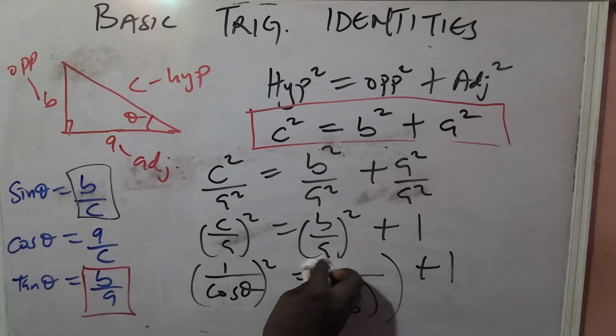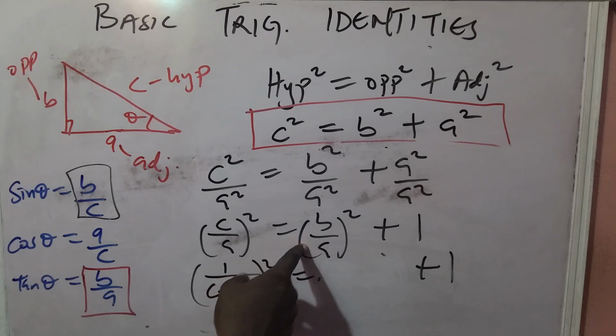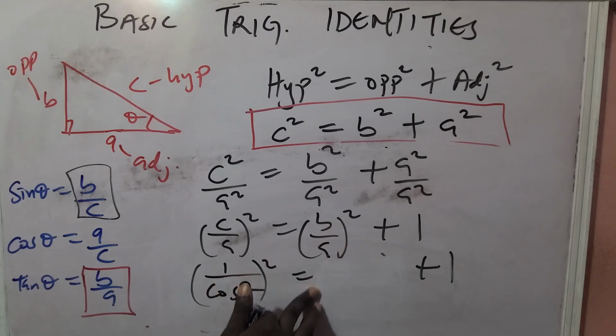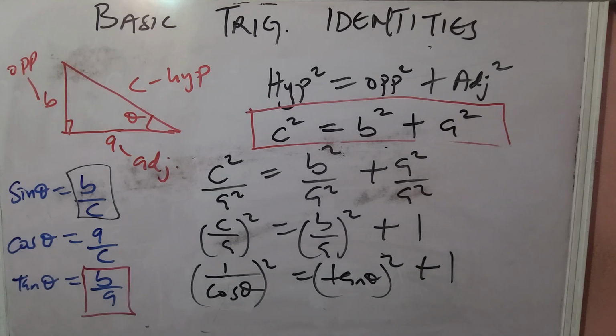So we don't have to make the reciprocal of B over A. We can leave it at B over A square, which will be represented with tan theta. So we can have tan theta all square instead here.